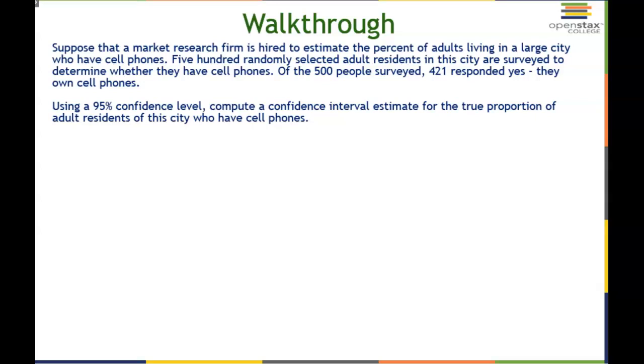Third step is we're going to calculate our error. It's called an EBP this time instead of an EBM, but we're just going to calculate that error. Fourth step, we're going to put together our confidence interval by P prime minus our error, P prime plus our error. And then final step, as always, we're going to interpret the results. So pretty much the same 5 steps, a few little different calculations, but overall, it's the same process.